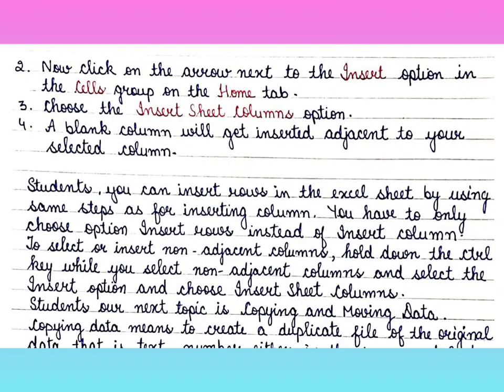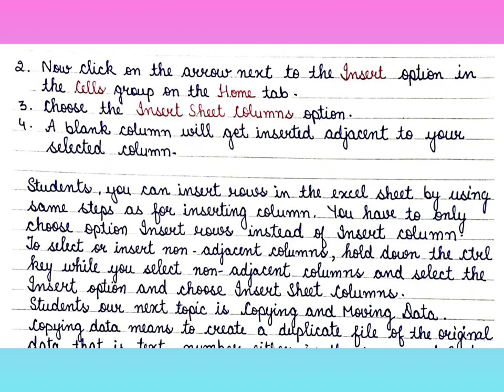Now click on the arrow next to the insert option in the cells group on the Home tab. Number 3. Choose the insert sheet columns option. Number 4. A blank column will get inserted adjacent to your selected column.